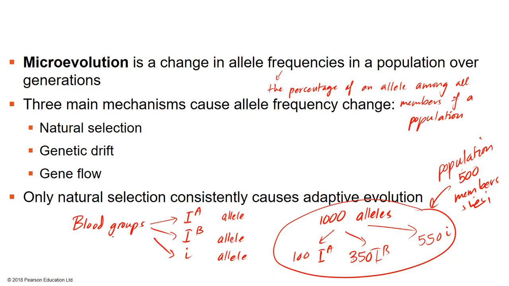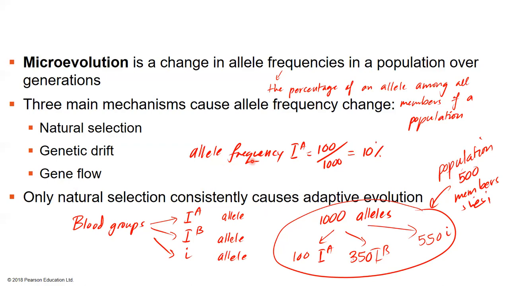Okay, so now we could say that the allele frequency for IA equals 100 over 1,000, which is basically 10%.